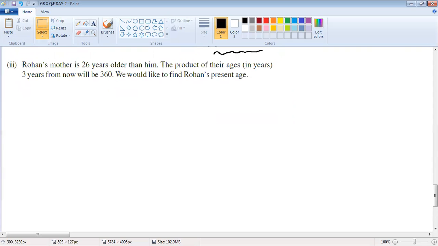Rohan's mother is 26 years older than him. So now here, age factor. Let us take the age of mother and the age of Rohan. The mother's age depends upon Rohan's age.